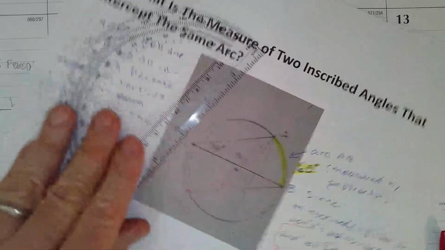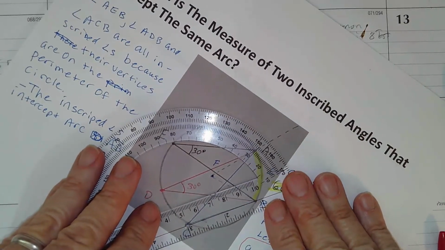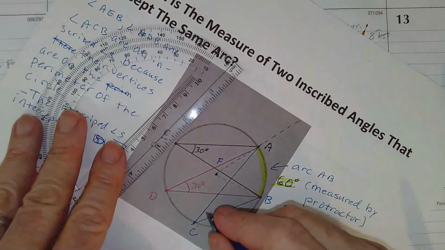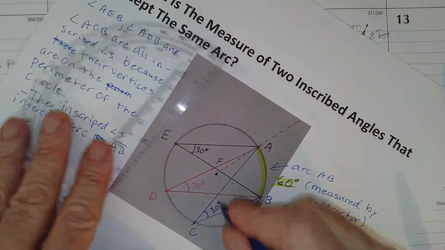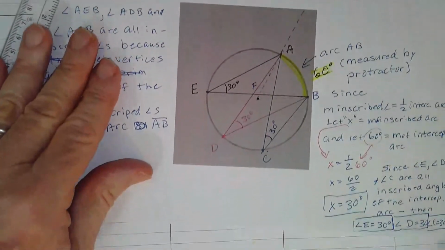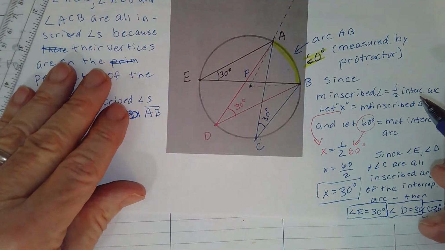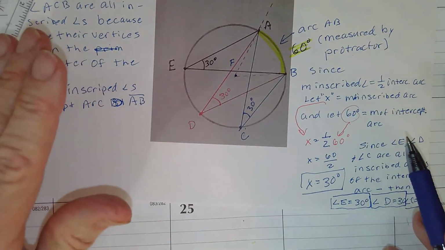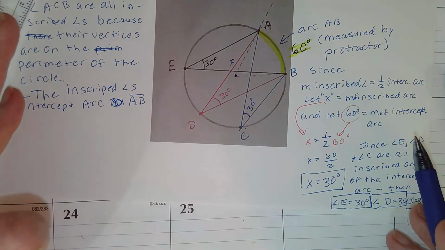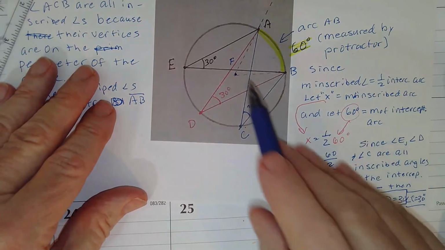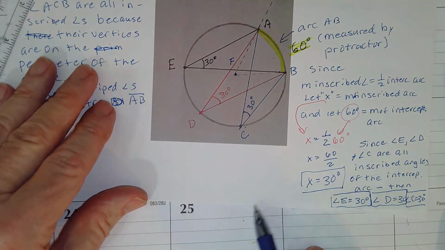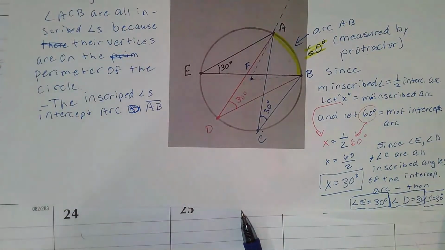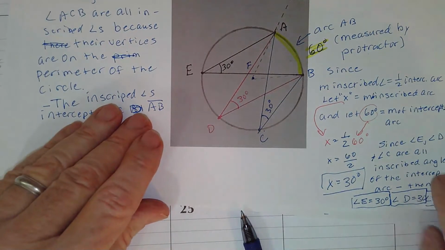And angle C, same thing, 30 degrees. So you can see just by using the protractor that our rule is affirmed, meaning it's proven. We've proven our theorem one more time just by doing the actual measurements. If nothing else, this should convince you. It makes more sense when you can see the proof in the pudding.